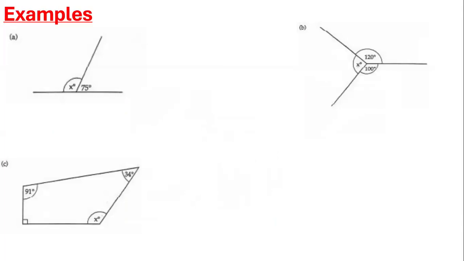Good. Yeah, good. So our goal is still the same. We need to figure out the measure or size of the missing angles. So let's go ahead and do this.